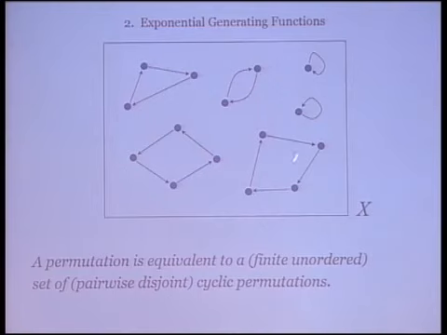There it is: a set of cyclic permutations. There are 6 cyclic permutations. They're pairwise vertex disjoint. The union of them covers the set X, and these cycles come in no particular order. And this is the combinatorial meaning of substitution into the exponential series.